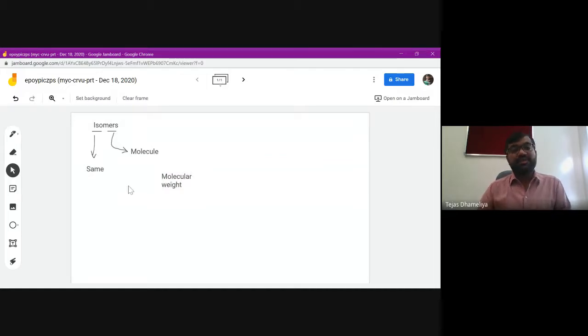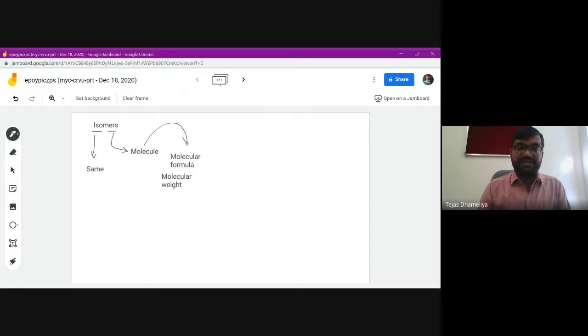Molecular weight will be the same because the molecular formula is also the same. Molecular formula and molecular weight of isomers are the same. So these two properties are the same.